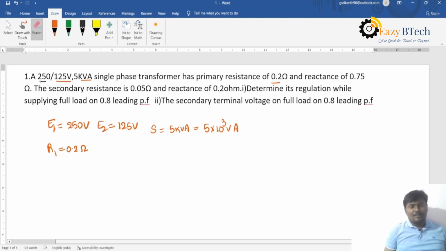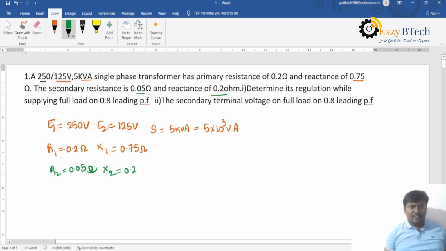Coming to the first problem: a 250 by 125 volts, 5 kVA transformer has a primary resistance of 0.2 and reactance of 0.75. The primary resistance is 0.2 ohms and leakage reactance is 0.75 ohms, and secondary resistance R2 is equal to 0.05 ohms, and the reactance X2 is equal to 0.2 ohms.